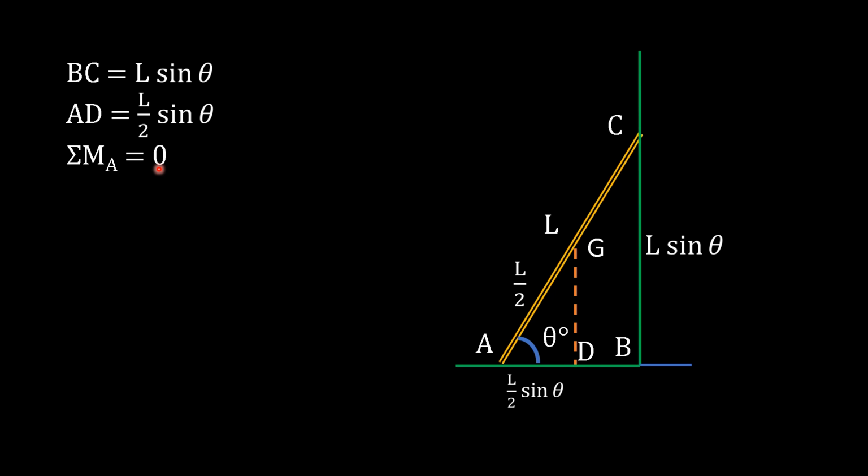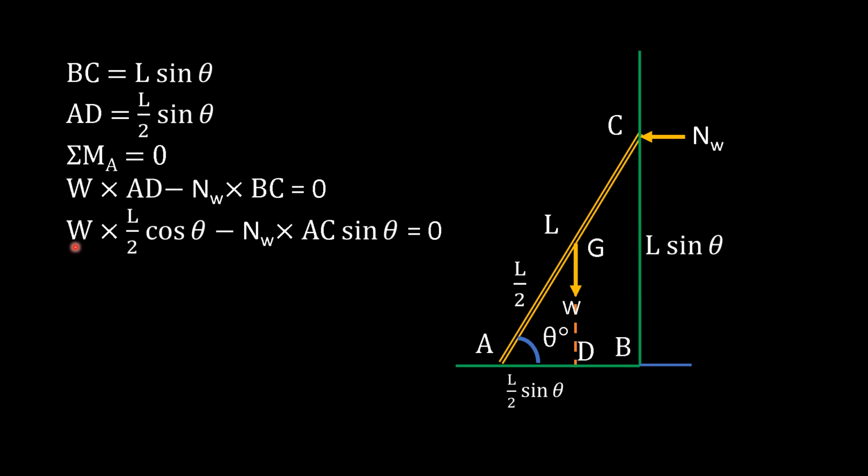So for that we will use summation of moments about point A. So we will have W multiplied by AD minus NW multiplied by BC equals 0, where W is downwards from G and NW is the normal reaction by the wall on the top of the ladder.